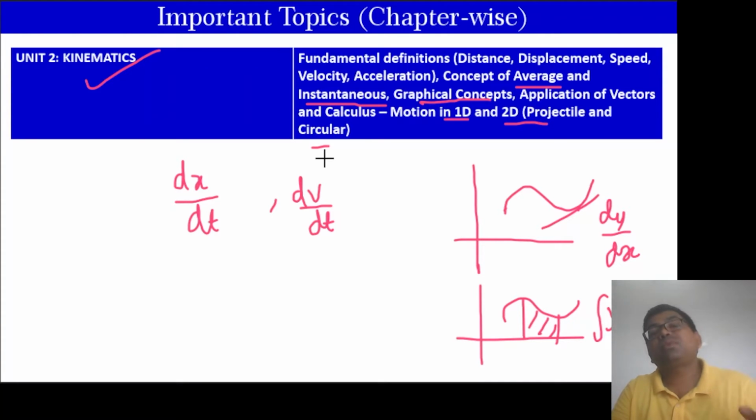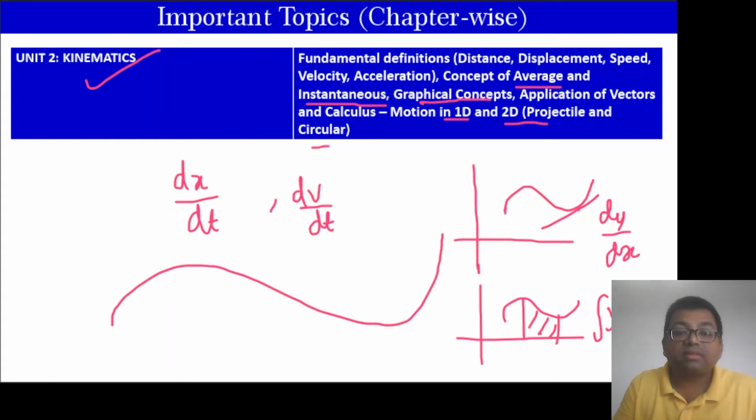For example, if your body is moving in a different path, then the average velocity, average acceleration. Let us say your body is moving like this. So how do you calculate average velocity between point 1 and point 2? You need to see the vectors, v1 vector, v2 vector.